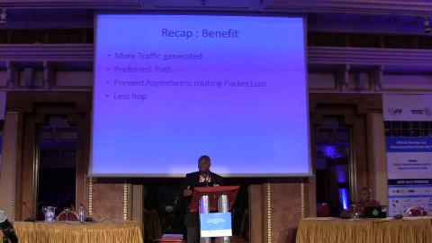And also it prevents asymmetric packet loss, and also there's a less hop. What I mean is that when the AS path is not there and the next hop is not there, you have no obstacle to achieve your aim. Any question? Sorry, I have to ask because of questions.